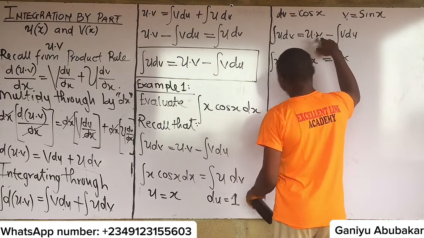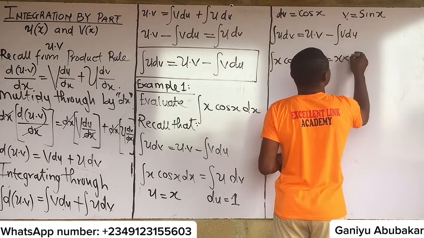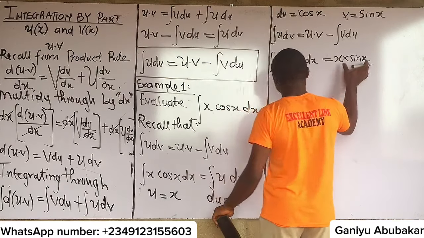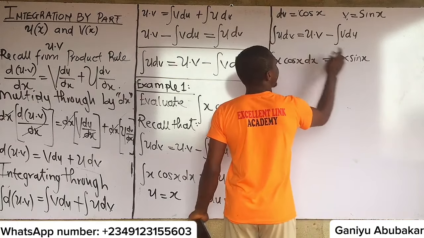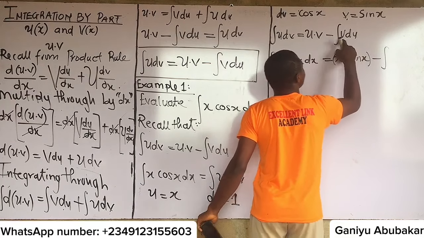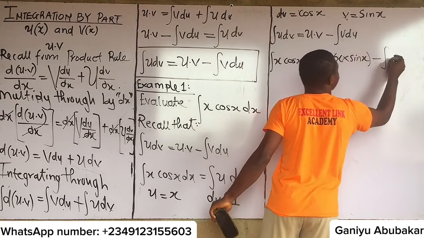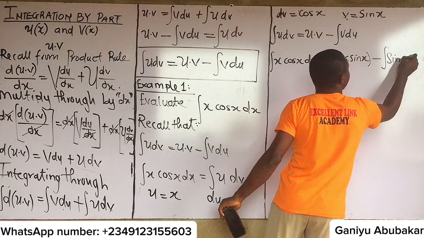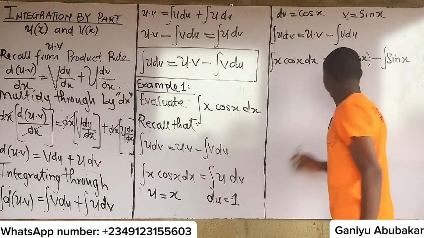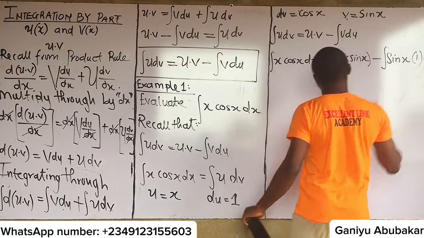What's v? v is sine x. I'm done with this part. This is minus the integral of v, what's v? That's sine x. Next up, du. What's du? That's 1. I have 1 at this point here.